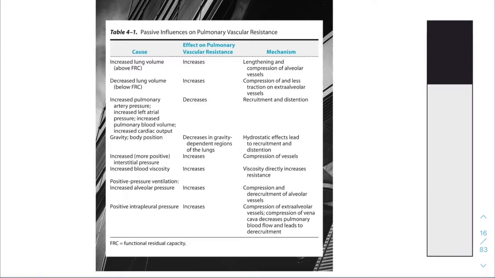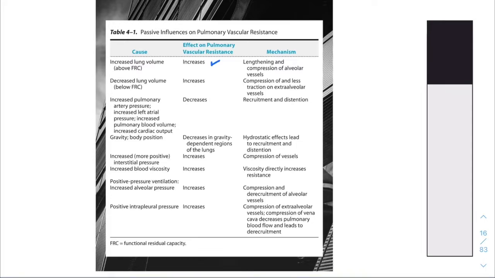So what are the factors that may influence your pulmonary vascular resistance? You have your passive and active influences affecting your pulmonary vascular resistance. I think this is included in your handouts, so you must read the different passive influences on your pulmonary vascular resistance. Increased lung volume, again from the graph, will increase your pulmonary vascular resistance.